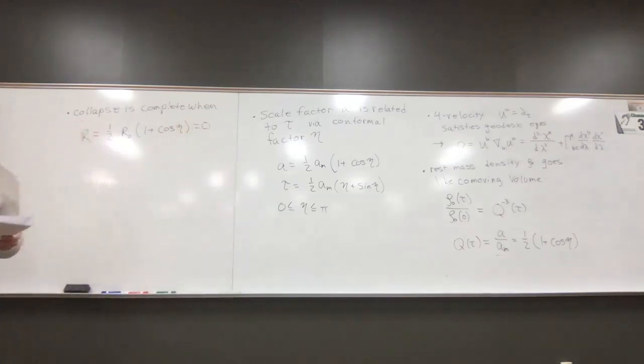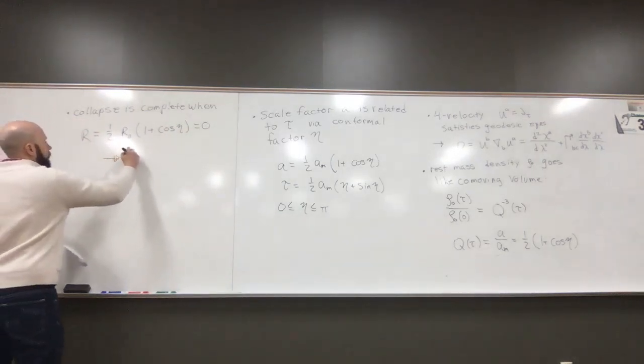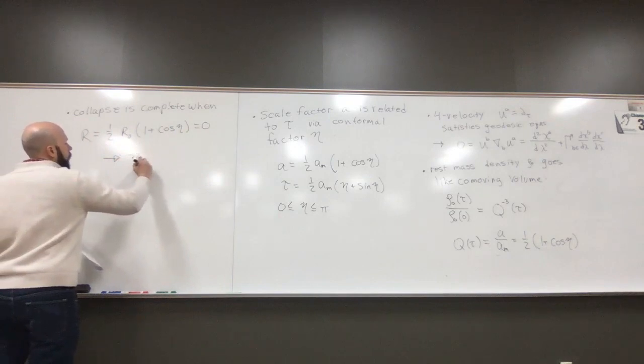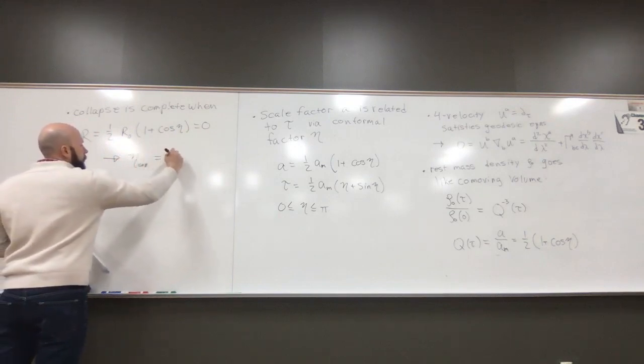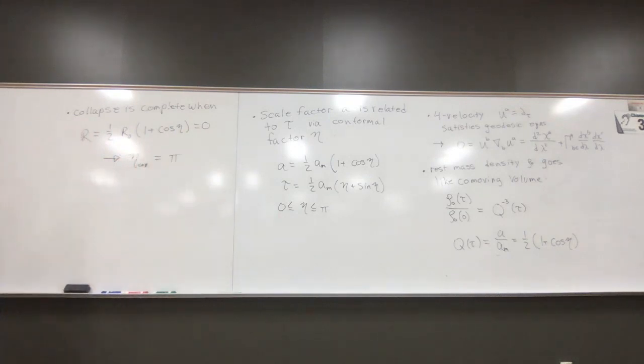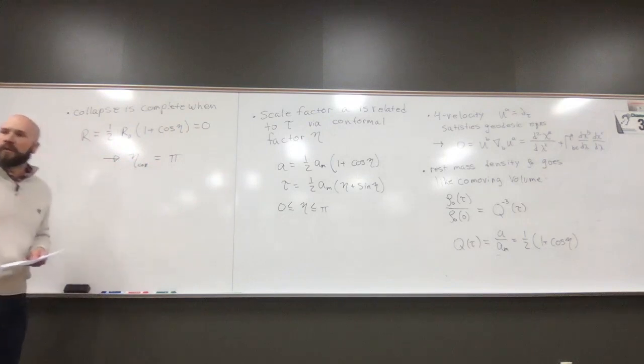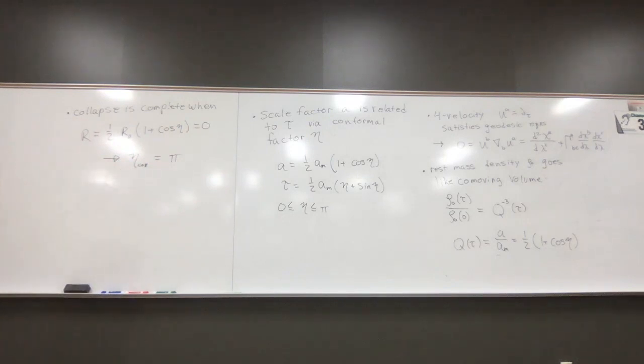When the surface reaches 0, that's when collapse is complete, okay? Which implies that eta of complete collapse is equal to pi. That's just our coordinate, right? We already established that the limits on eta were 0 to pi, but this tells you why, right?